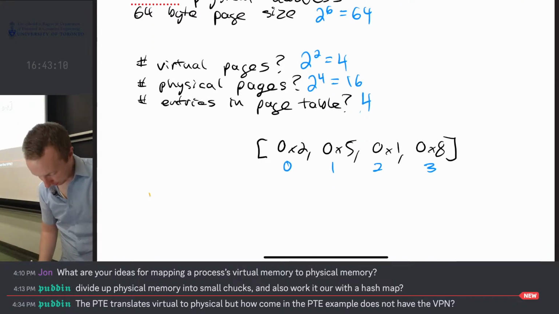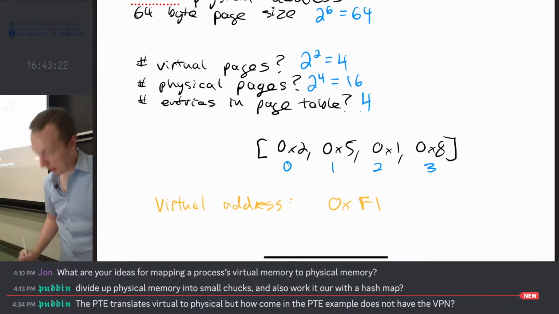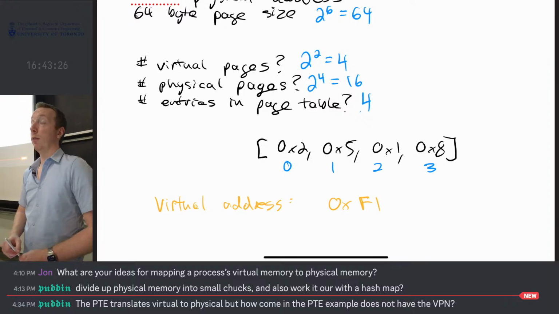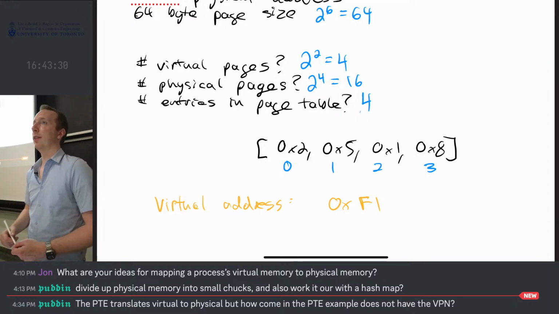So then the question said, if you have virtual address F1, what does that translate to? What physical address does that translate to using this page table?